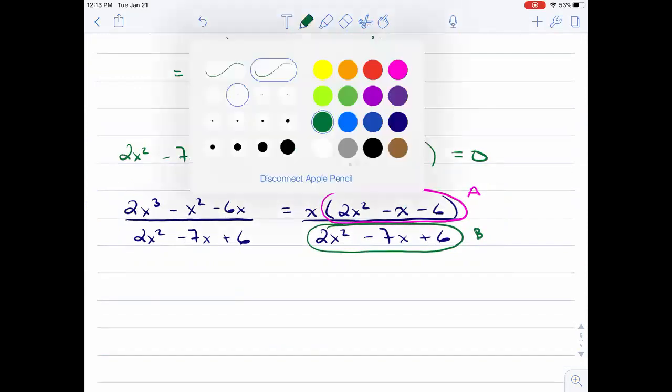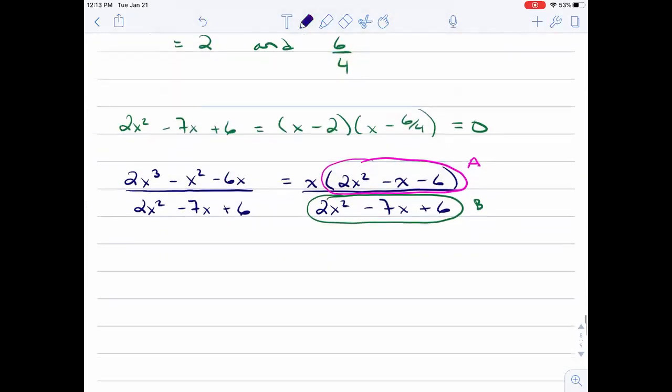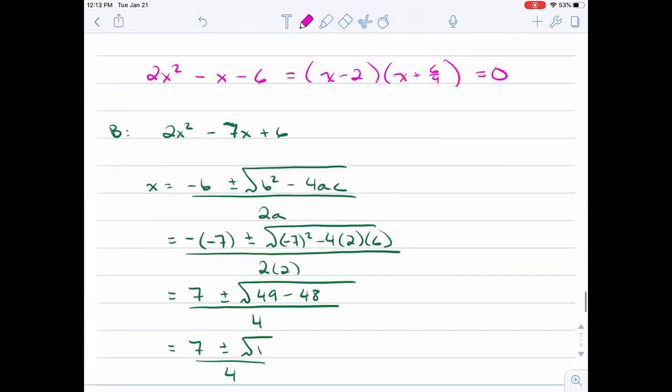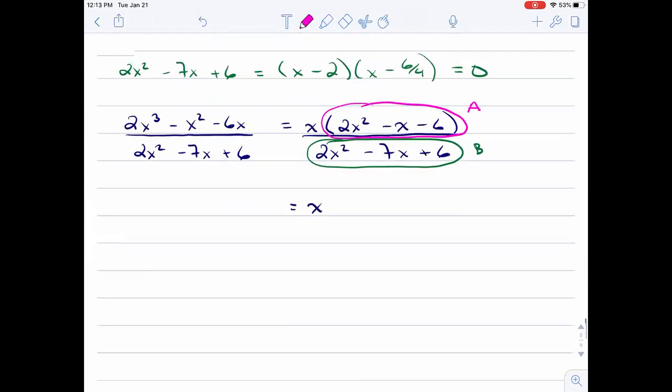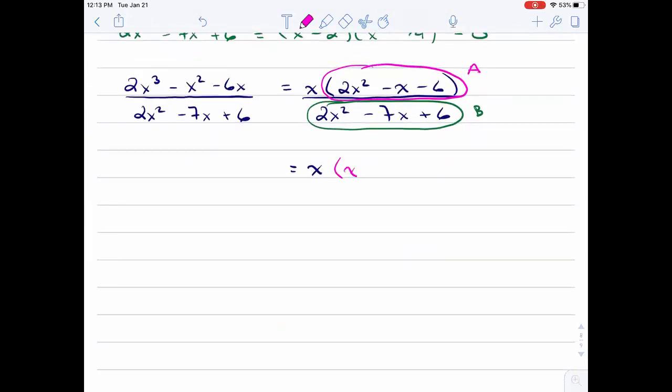We did some work on the side. And we said, well, we have x, because we almost forgot about that little x that we pulled outside. But it's still there, times a, which is the pink stuff. So x minus 2 times x plus 6 over 4.